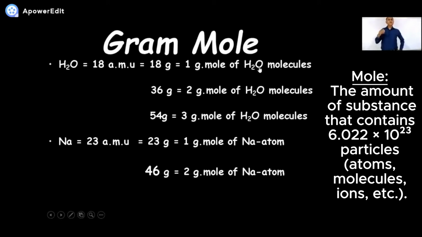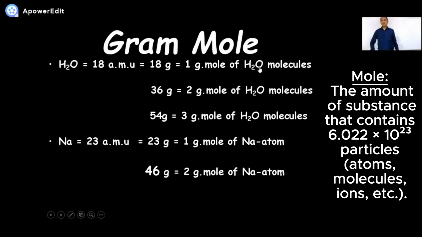If we represent this 18 AMU in grams, then it will become 1 gram mole of water. If we double it, instead of 18 gram of water, if we have 36 gram of water, obviously it will be 2 gram moles. If it is 54 gram of water, 3 gram mole, and so on.